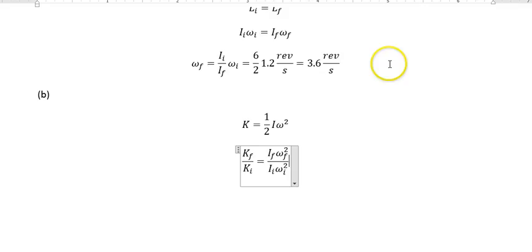Okay. So let's see. There are some things we can do here real quick, or we could stick the numbers in, but I'm going to parse this out a little bit.